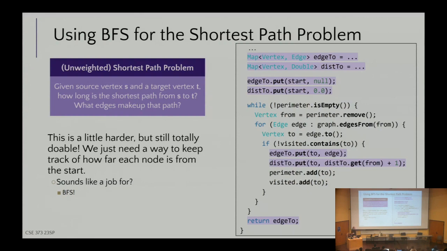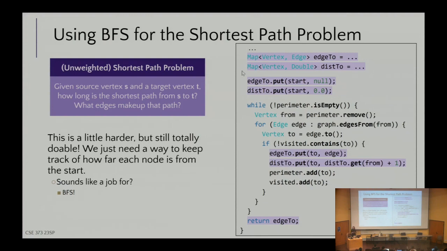Because the goal is to tell what that path is. So I need a sequence of vertices to tell me how I would travel through the graph with the least amount of jumps possible. So we're going to add 2 maps to our code here.